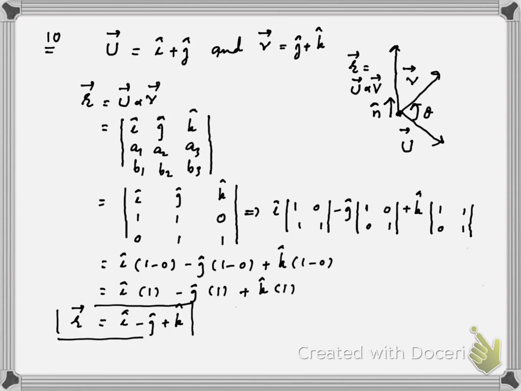Basically this vector is perpendicular to vector u as well as to vector v. Now we find the magnitude of this vector. We use the magnitude formula.